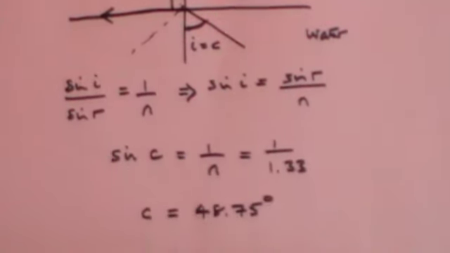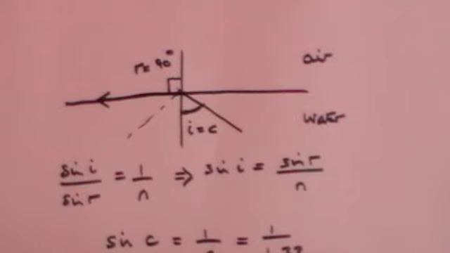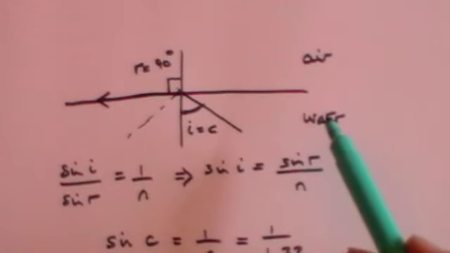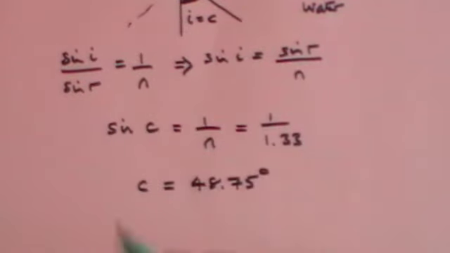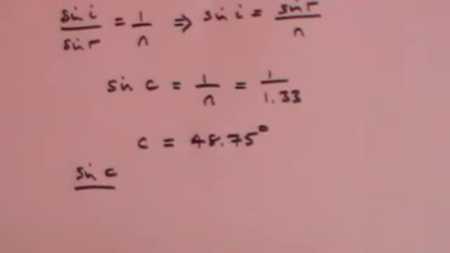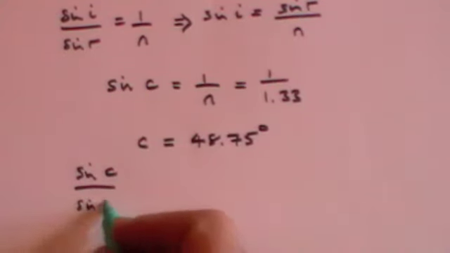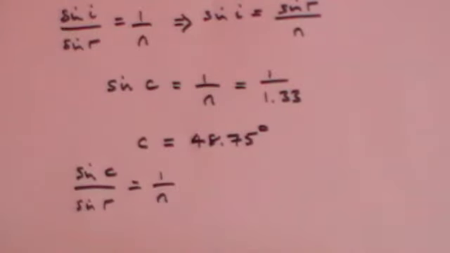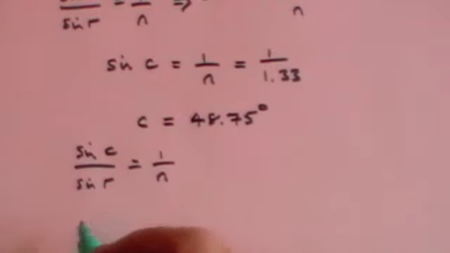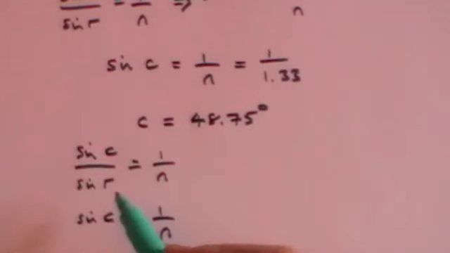What about glass? If you're going from glass to air, suppose this is now glass instead of water, you've still got exactly the same formula. You've got that sine I, which of course is sine C, divided by sine R, which is of course sine of 90 degrees, which is 1, is equal to 1 over n. So now we've got that sine C is equal to 1 over n because sine R is 1.